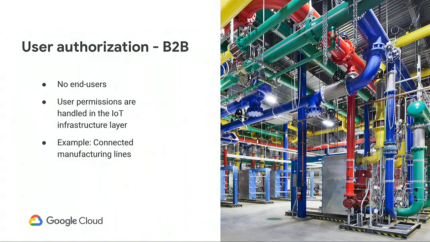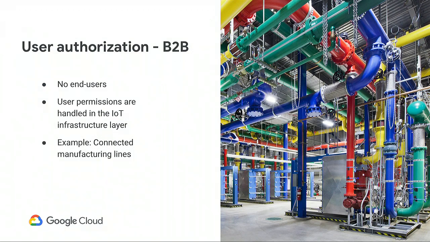To give you an example of all of these, probably the B2B scenario is the simplest in terms of implementation. And probably the best example would be a connected factory or connected manufacturing line, so a factory with connected PLCs.